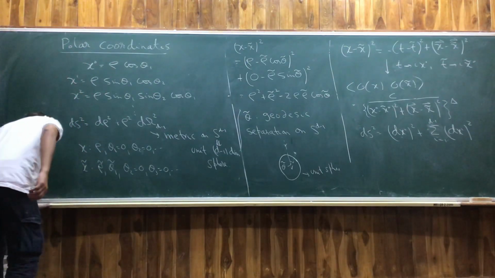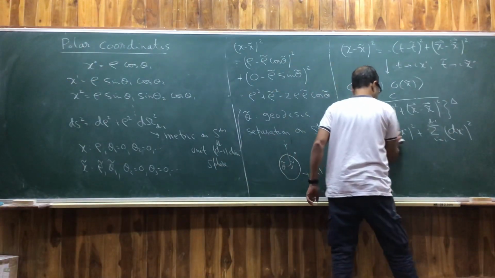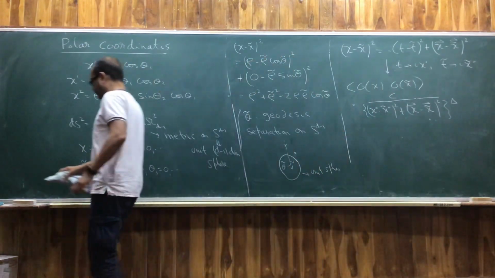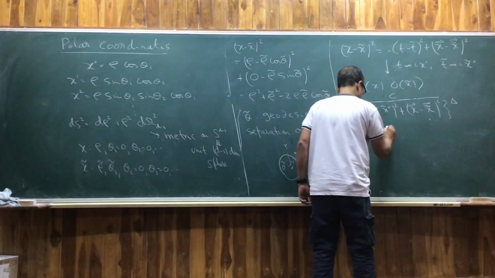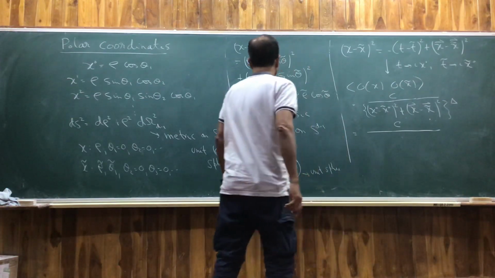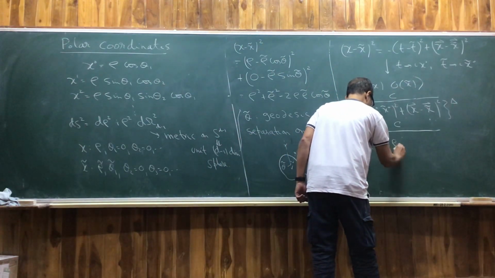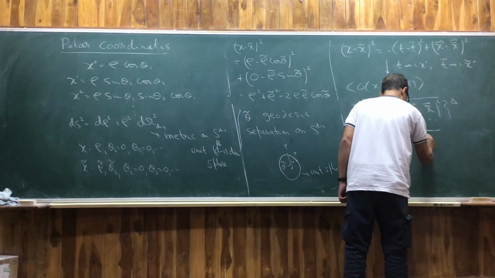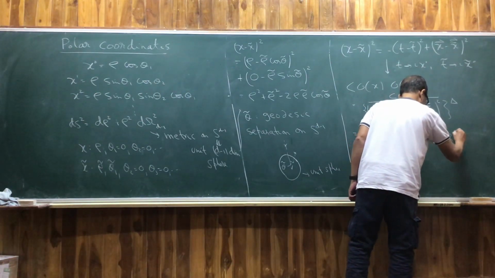So let's write this correlation function in this language. So this is given by C over (rho squared plus rho tilde squared minus 2 rho rho tilde cos theta tilde) to the power delta.